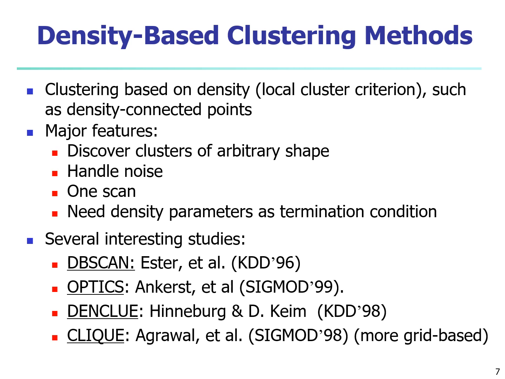So the density parameters are the termination condition, and we will see what density parameters are in a minute. There are many examples of density-based clustering methods, such as dbScan and OPTICS, DENCLUE, and CLIQUE, but we will study dbScan as an example of this type.